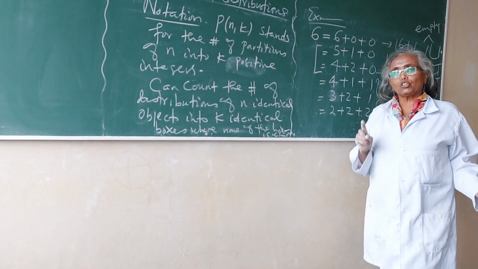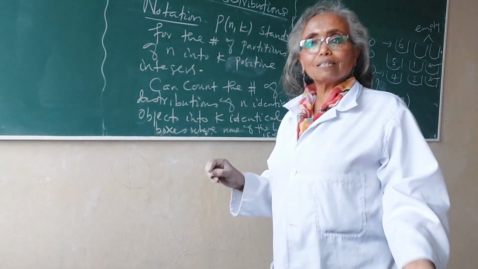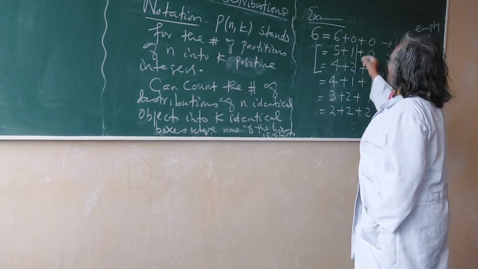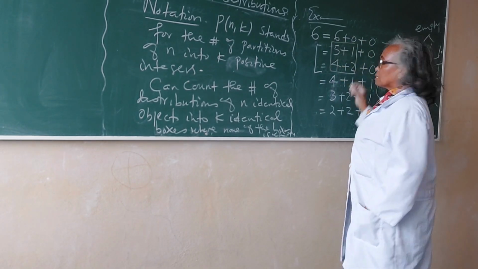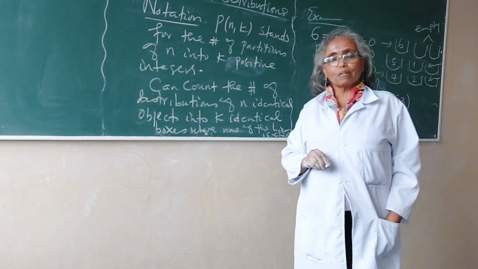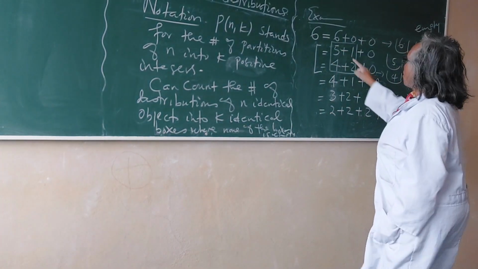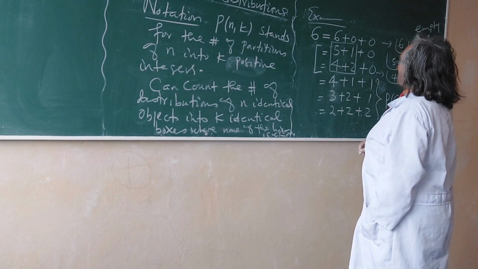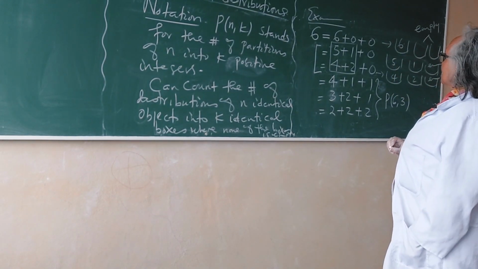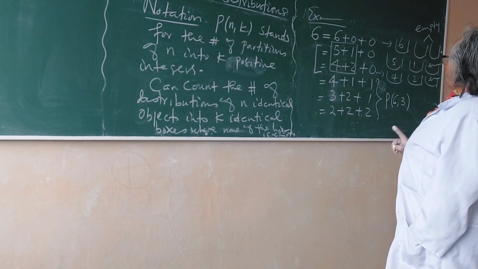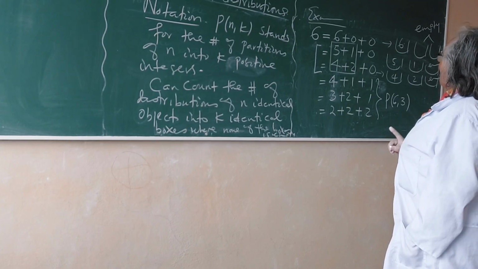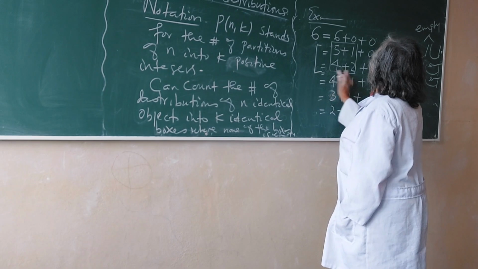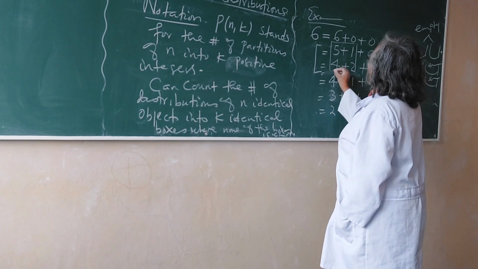They are not partitions of 6 into 3 parts, but I can take them to be partitions of 6 into 2 parts. So there are partitions of 6 into 2 parts. Actually, one is missing. I can see that 3 plus 3 is missing. So I am sorry, but I have to add that.